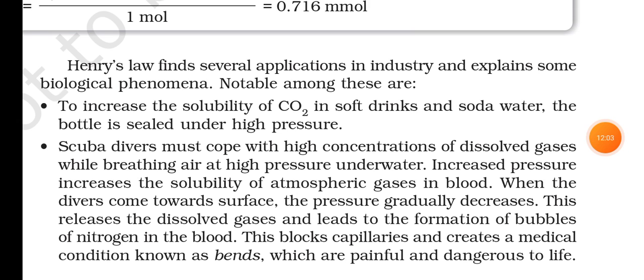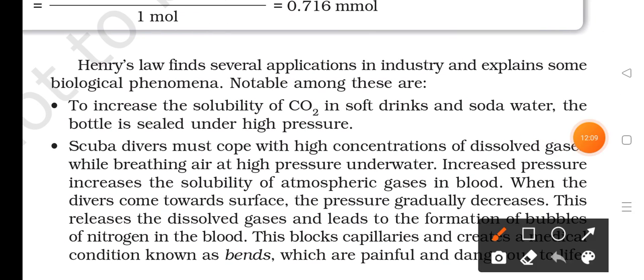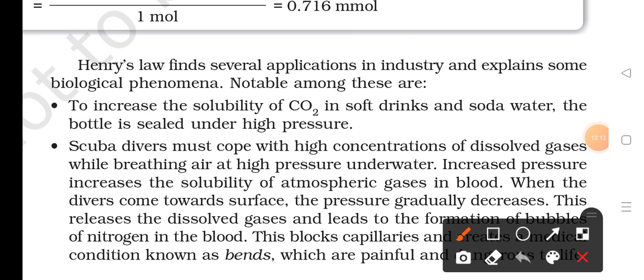And the second application is scuba divers, meaning those who go beneath the sea. Scuba divers must cope with high concentration of dissolved gases while breathing air at high pressure.